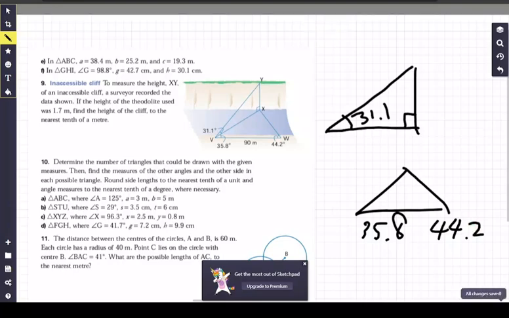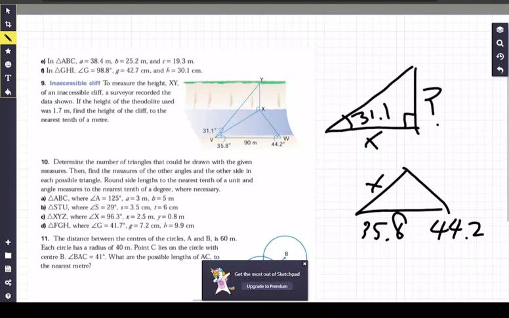Alright, so let's solve this. How do we find xy? How do we find this height? We need this, and this is the same thing as this, right? Let's go ahead and find it.